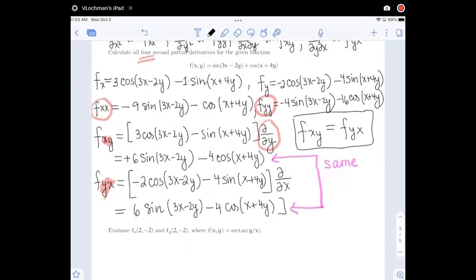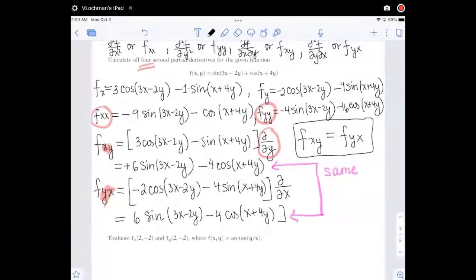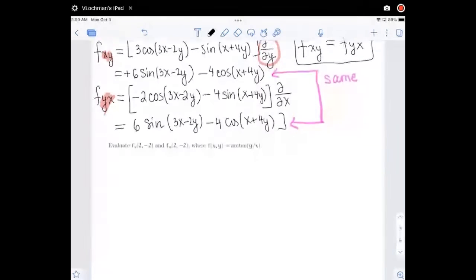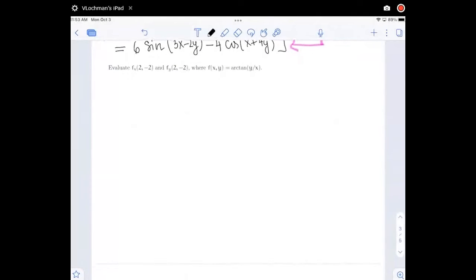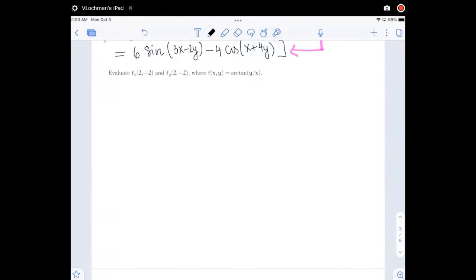All right. One more thing for partial derivatives before we go into linear approximations. Let's evaluate partial derivatives. So here we have a function which is the arctangent function, or if it's easier for you, think of it as tangent inverse of y over x.